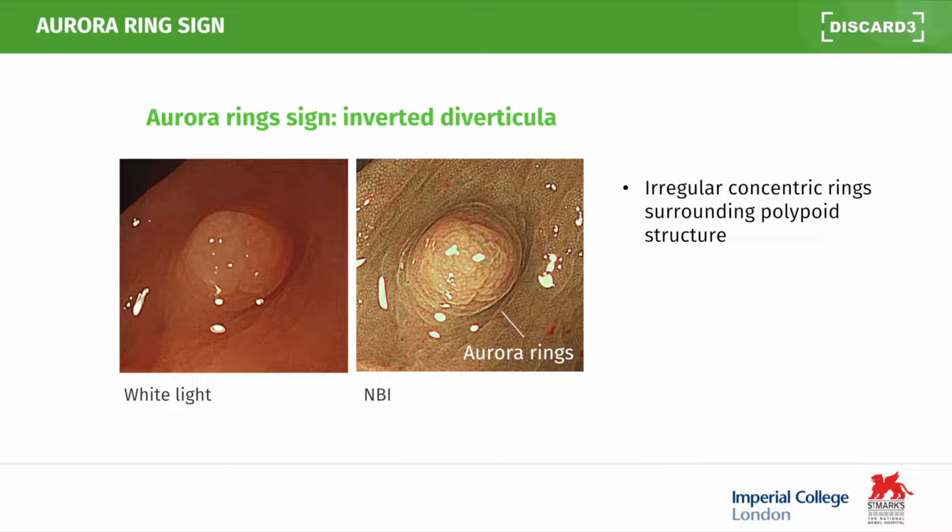And in order to overcome this type of error, what we would suggest is to incorporate the aurora ring sign within the optical diagnosis decision making to help exclude these cases, but also to perform an endoscopic assessment using a forceps to see if the lesion inverts, for example, as well. Yes, we certainly don't want to be snaring off inverted diverticula.